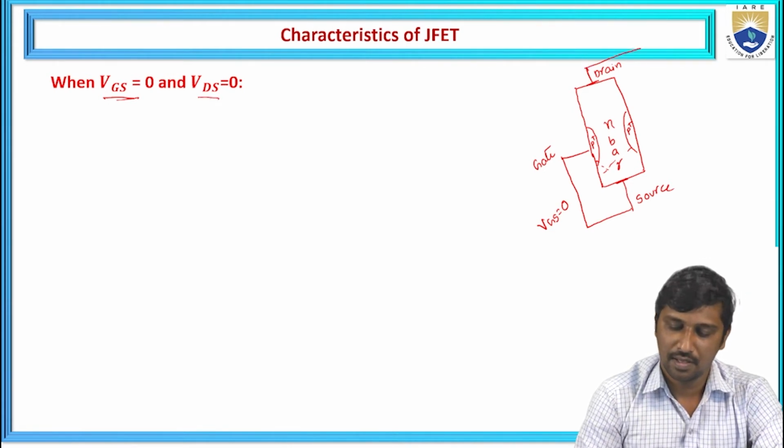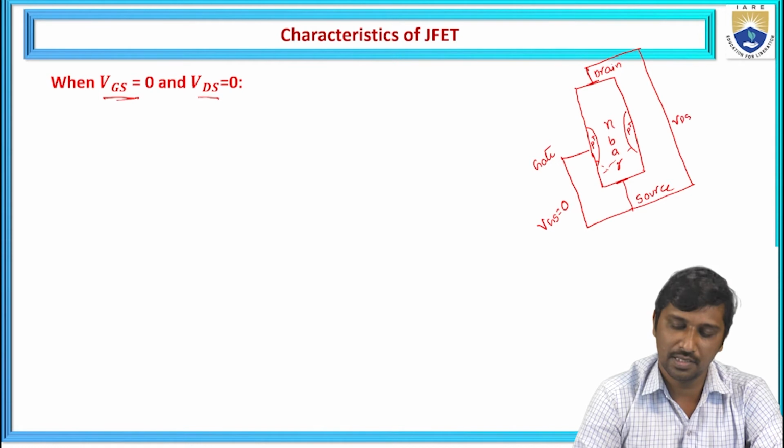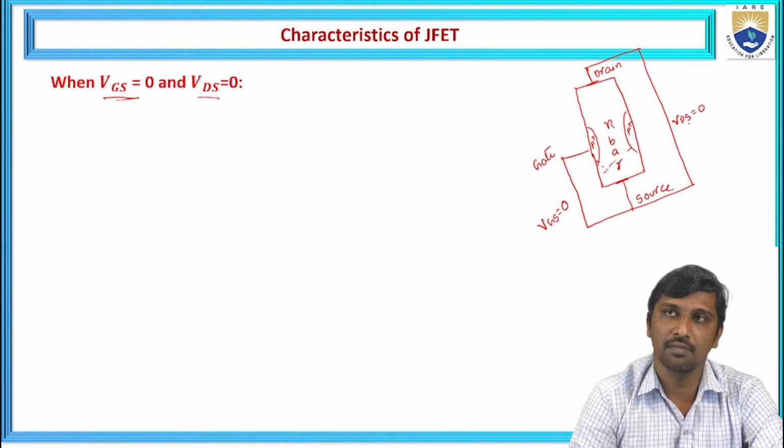Between drain and the source, that is shorted, means the voltage across the short circuit path is represented as 0. From that representation, here I considered the drain to source voltage and the gate to source voltage as 0.